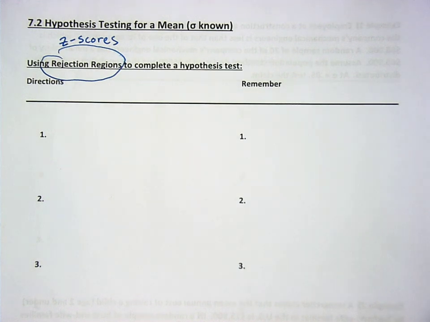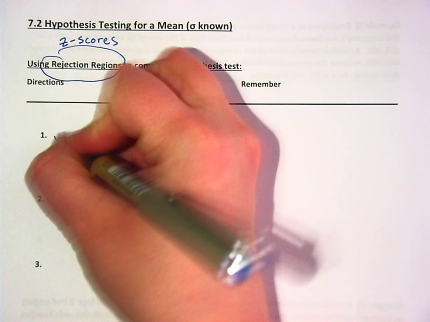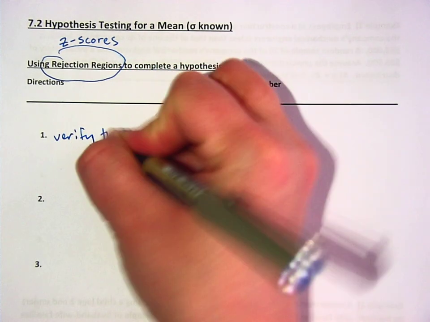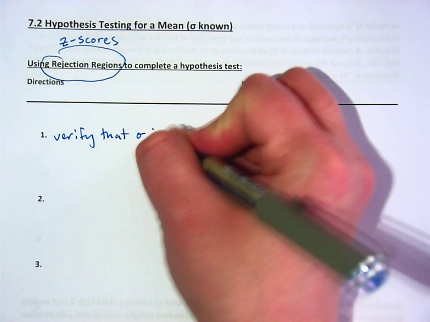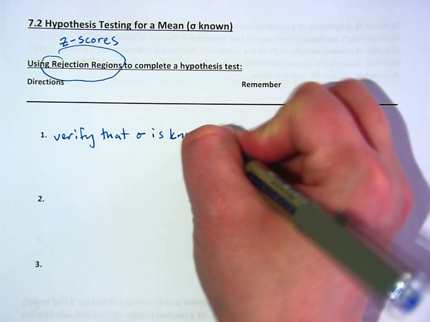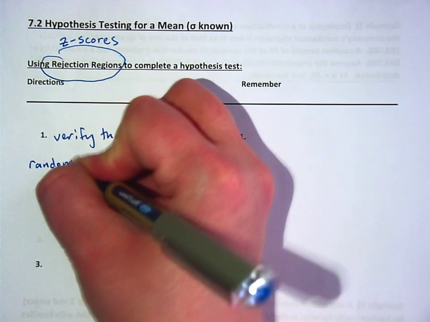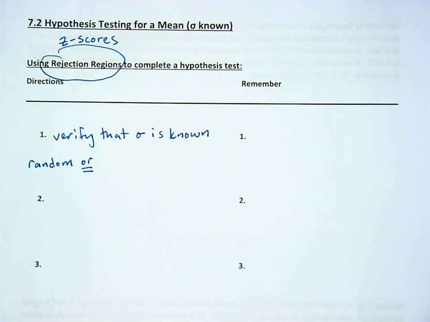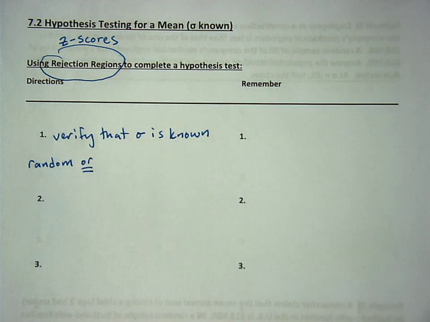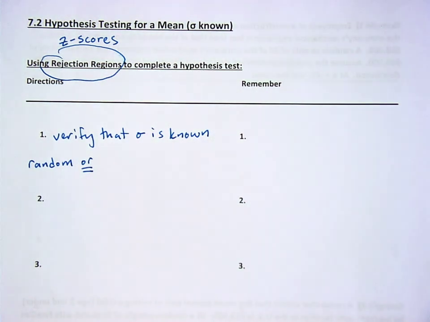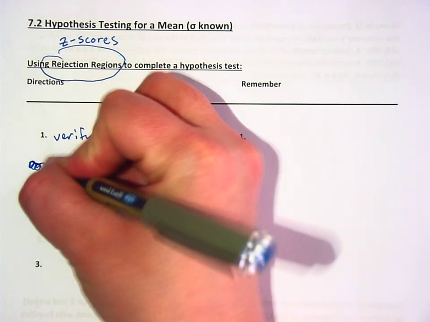Okay. So here we go. We're going to do steps for a rejection region. First step is that you verify that sigma is known. This is for a mean. And it's either normal, I'm sorry, I meant normal, not random.